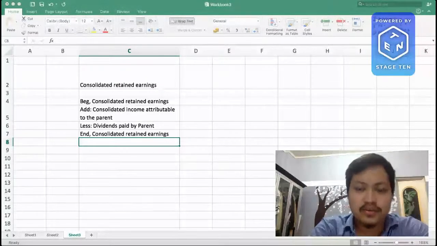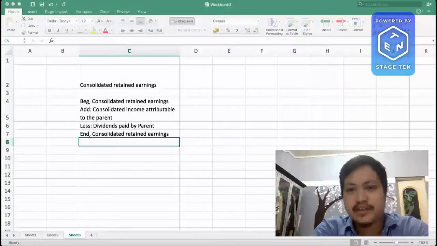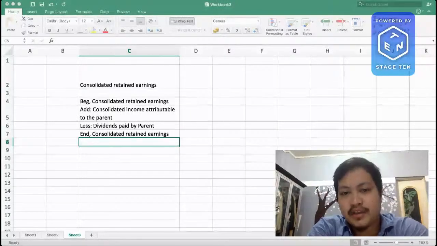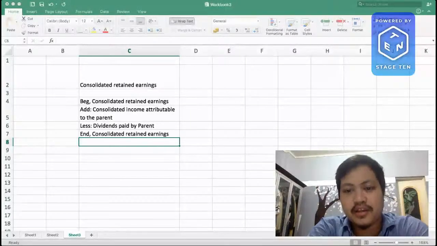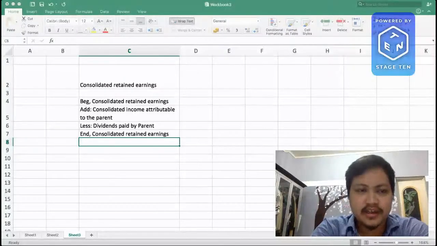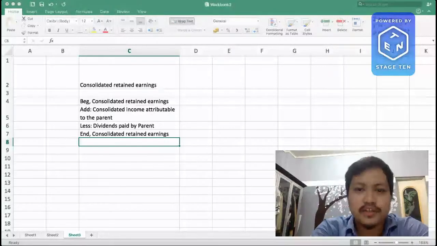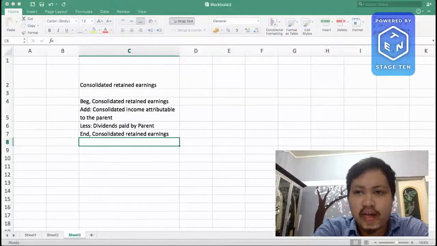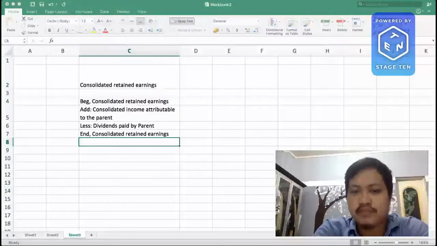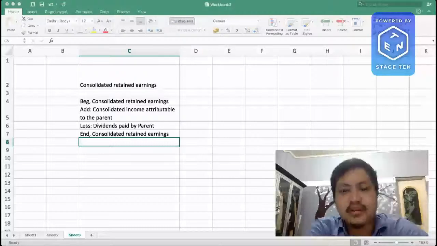Although that includes a portion of the income of the subsidiary, what happens to the share of the minority interest in the income of the subsidiary? Will it not be presented in the consolidated financial statements? Will it not be reflected anywhere? So then we would fail to incorporate the full operations of the subsidiary.